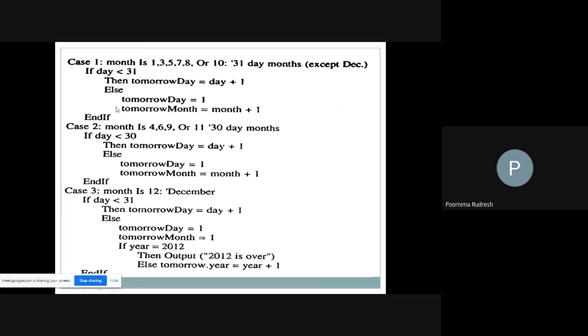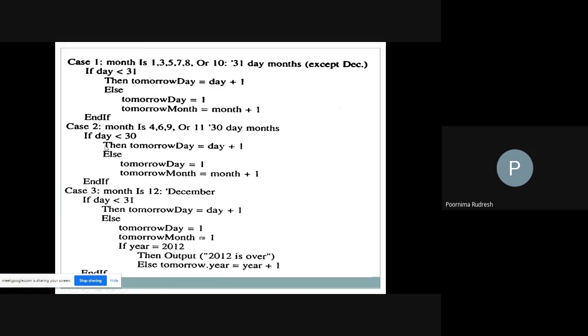Next we'll go for the months which consist of 30 days. Which are the months which consist of 30 days? April, June, September, and November. Once again the same thing repeats. If the day is less than 30, then the day is incremented by 1.